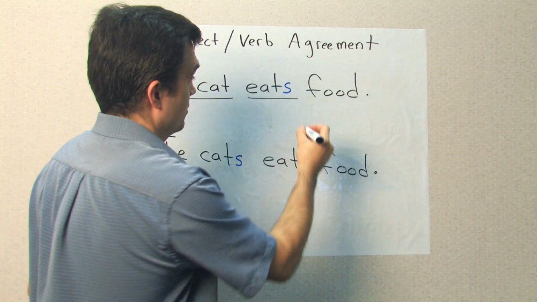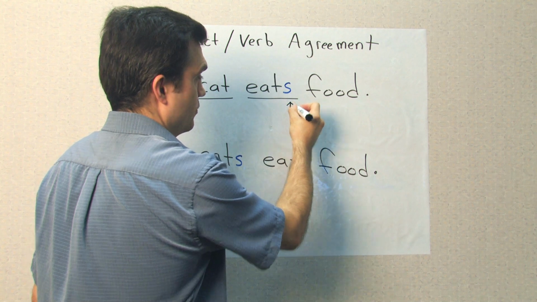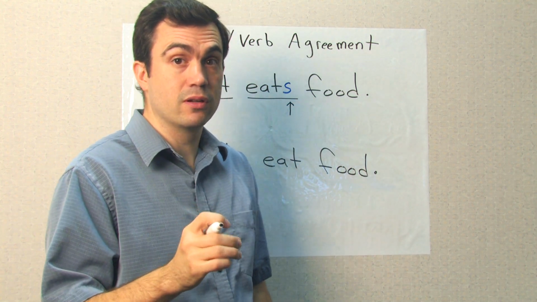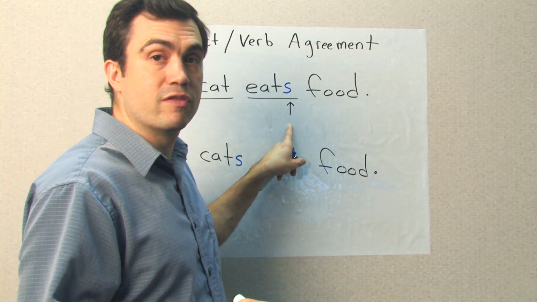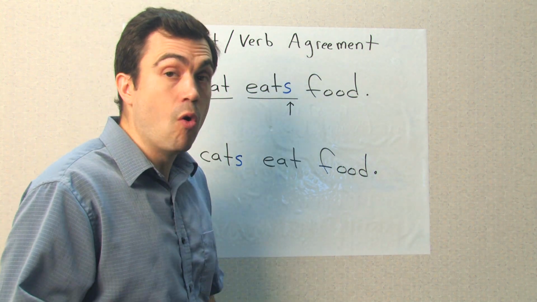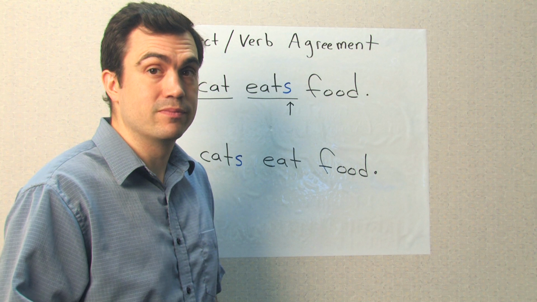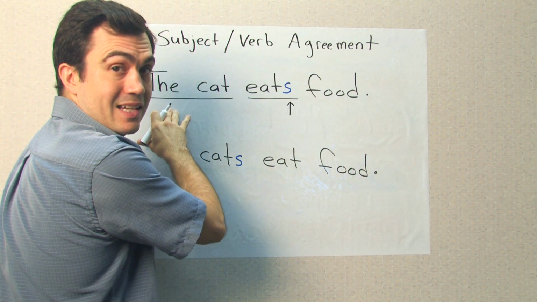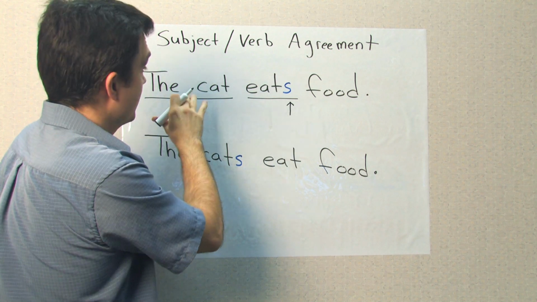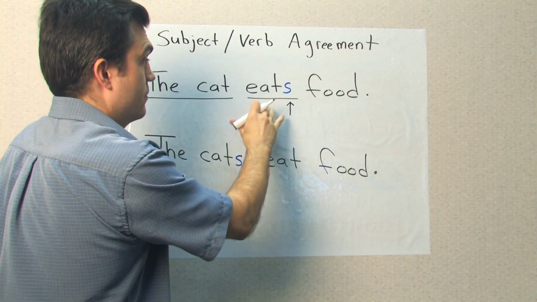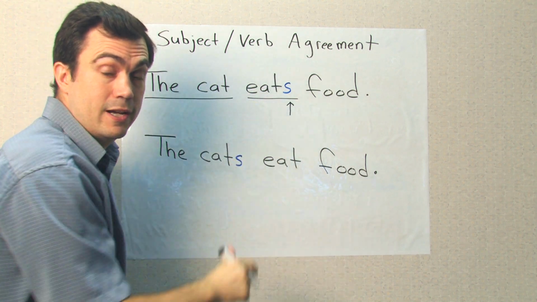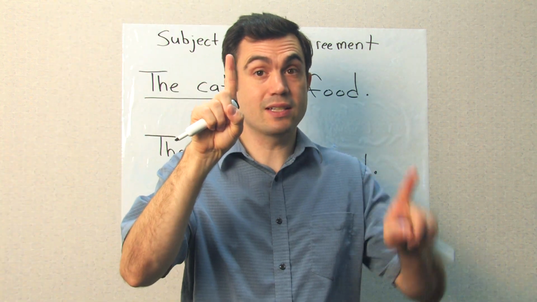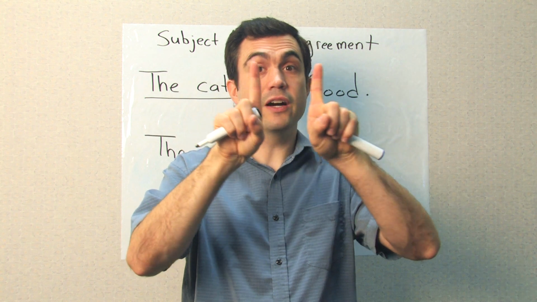Eats with an S. So, third person singular, we make the verb with S or ES, depending on the word. The cat eats food. Singular, singular, right? Subject-verb agreement. Singular subject, singular verb. They agree.